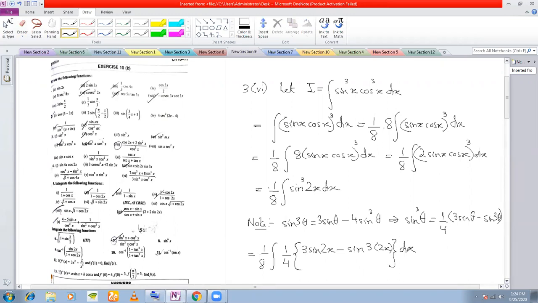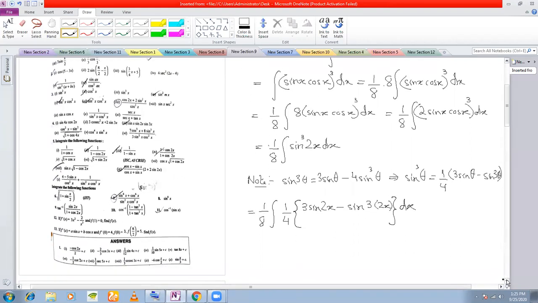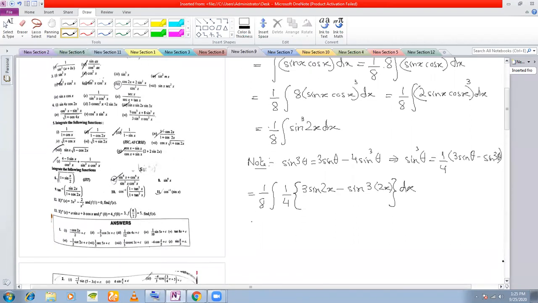Now can you do the integration? Now we can do it. You take 1 by 32 here and you separate. You get 3 integral sin 2x dx minus integral sin 6x dx. Now you can integrate very easily.